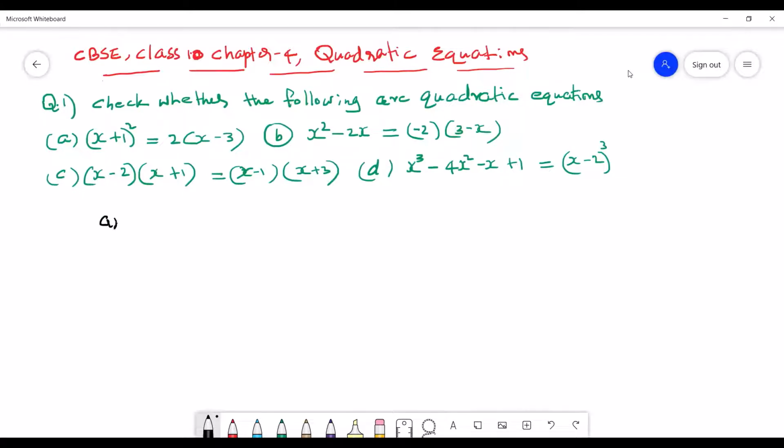ax square plus bx plus c equal to 0. This is the form of a quadratic equation.